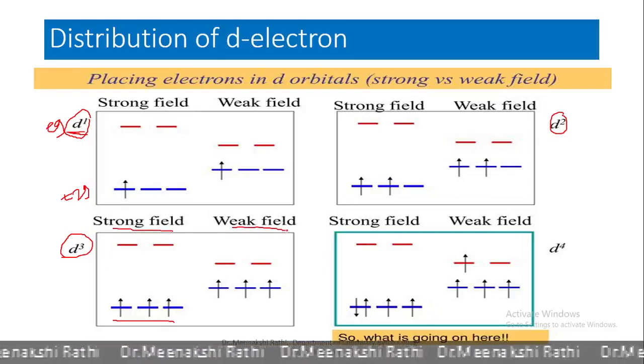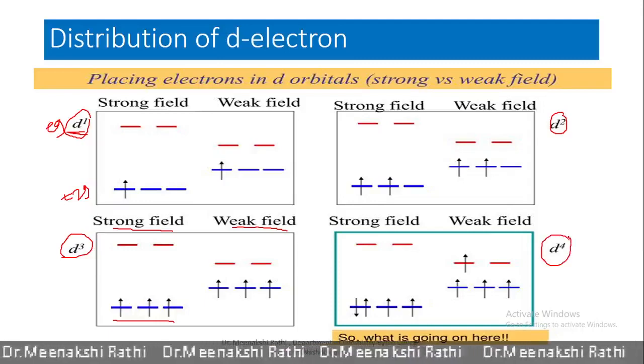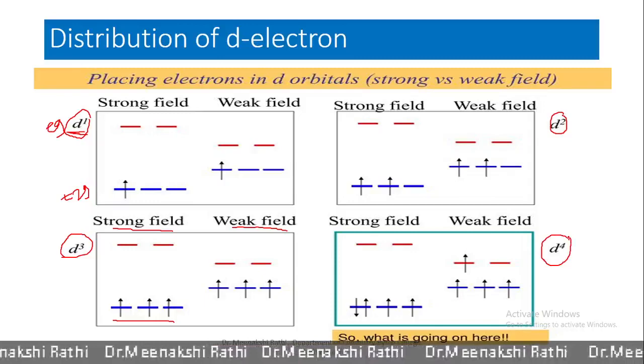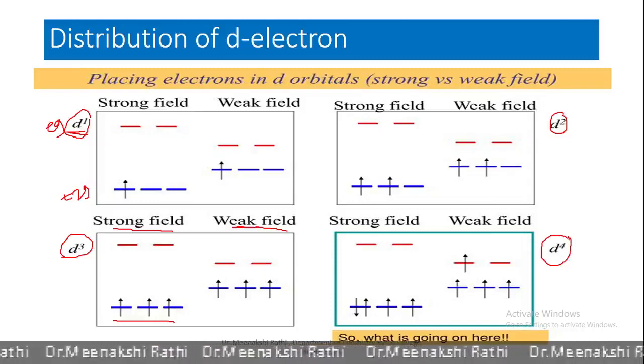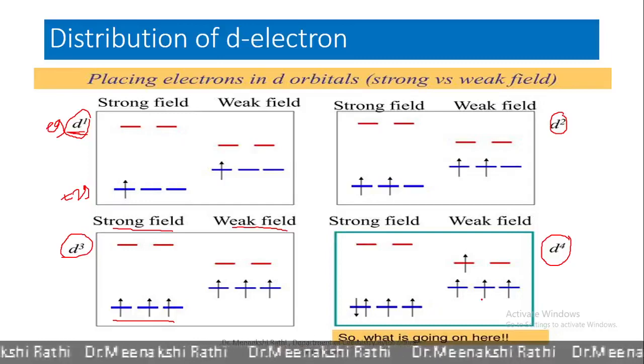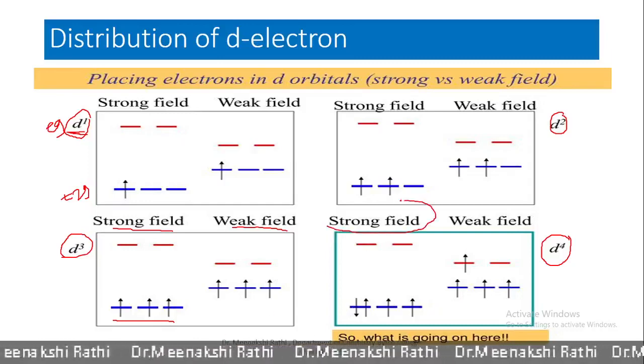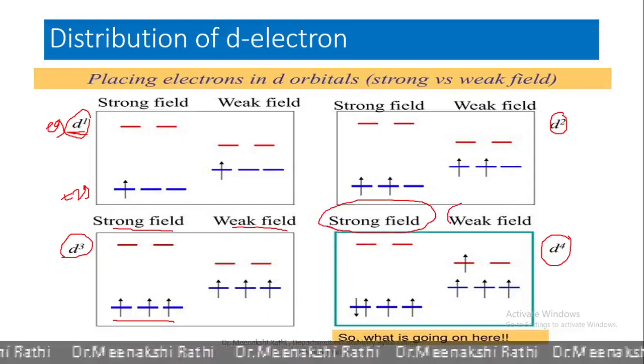However, for the d4 system, the occupancy of the t2g and eg orbitals will be different in strong field and weak field.